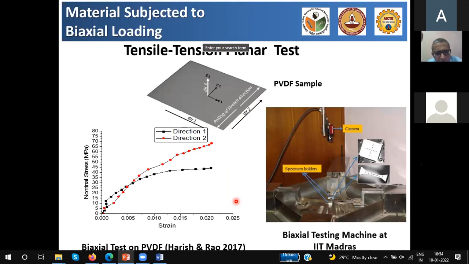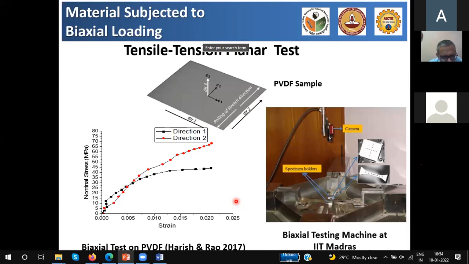Okay, in IIT Madras, we have some apparatus which can do both these things, biaxial state of stress on thin polymers, as well as tension torsion type of tests on metals.